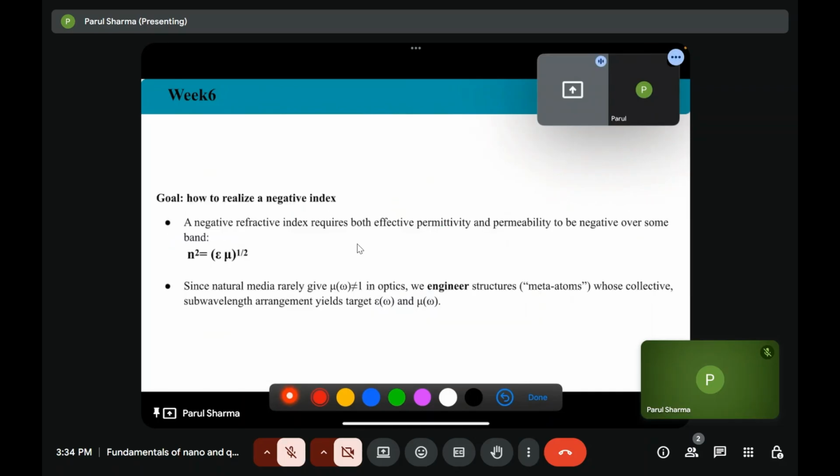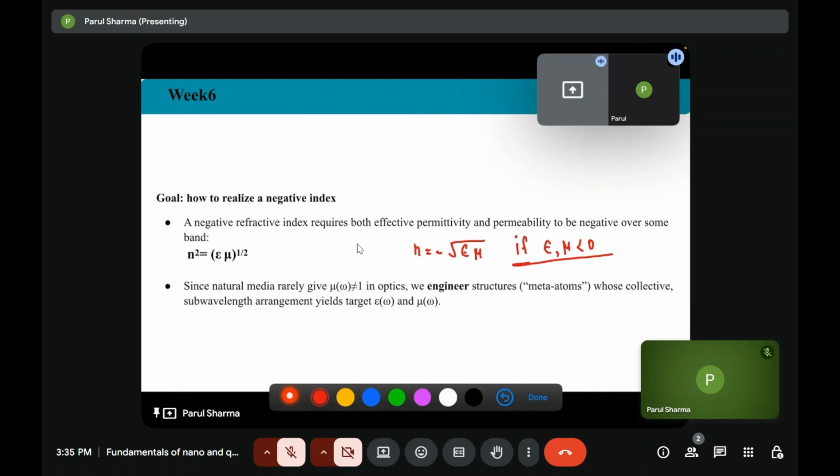So our goal is how can we realize an equilibrium. We realize the equilibrium by choosing the negative root of mu when epsilon is negative.